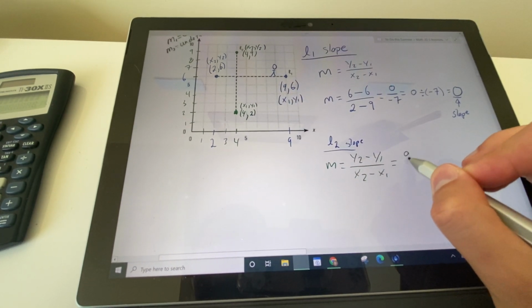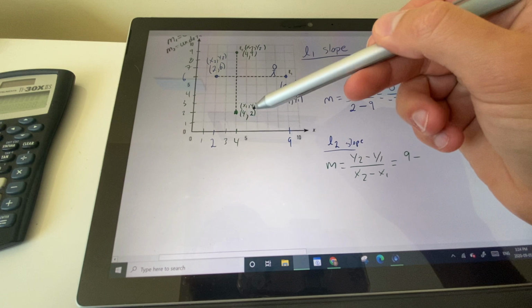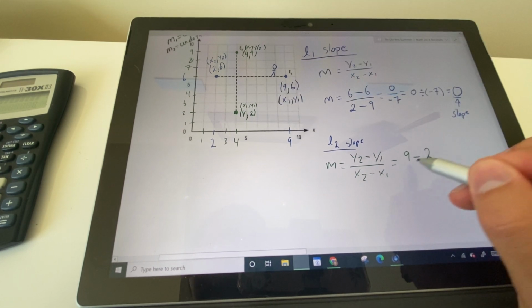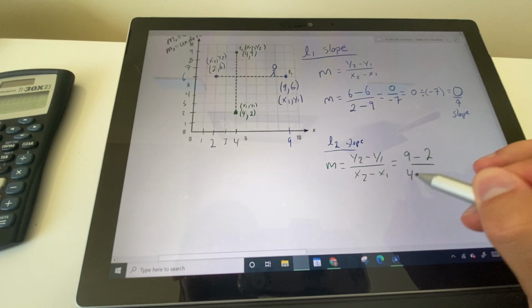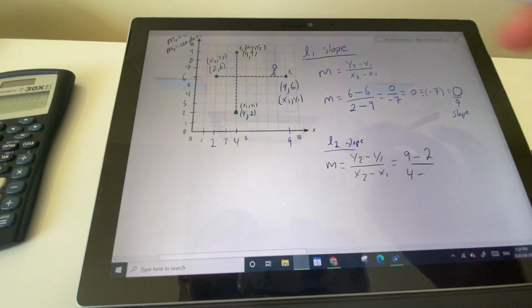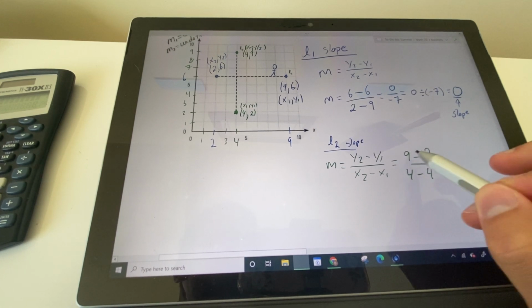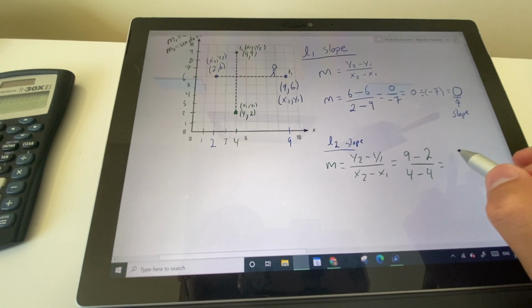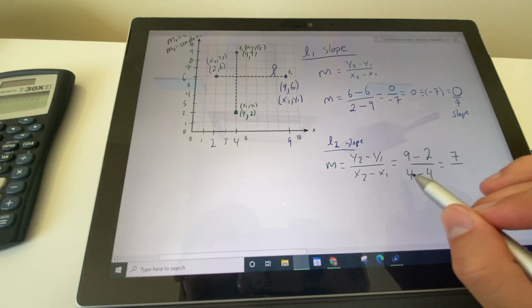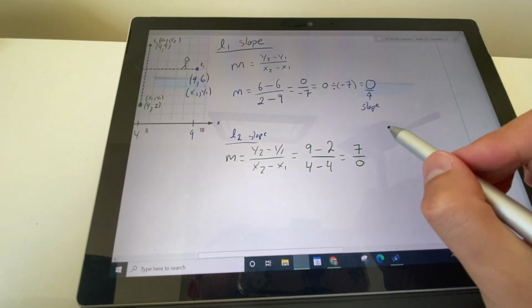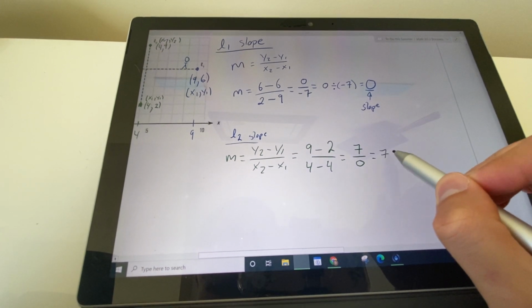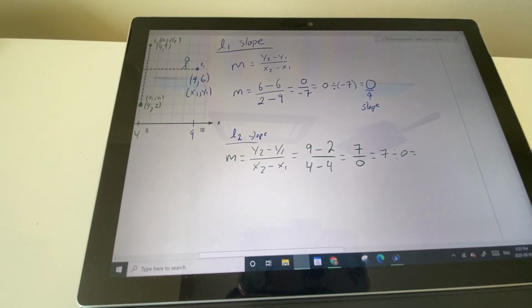So this is 9 minus, and what was y1? y1 was 2. 9 minus 2. x2 was 4 minus, and x1 was 4. So 9 minus 2, you plug that in your calculator and you're going to get 7. 4 minus 4 is 0. Now, we need to plug this into our calculator, 7 divided by 0.